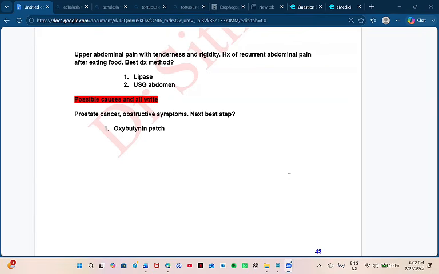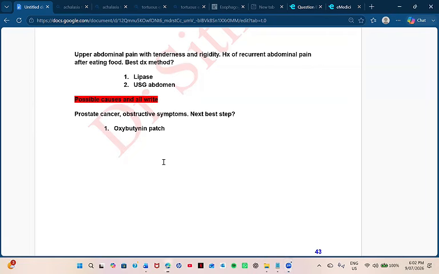And if we need to reduce the size, in that case we can add these 5-alpha reductase inhibitors. Okay, that's all.